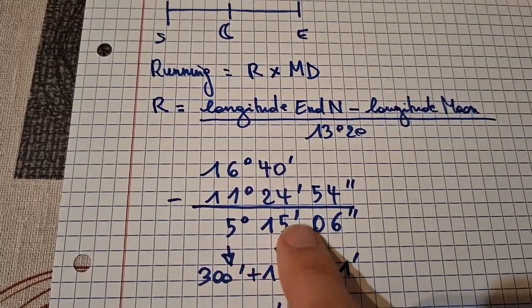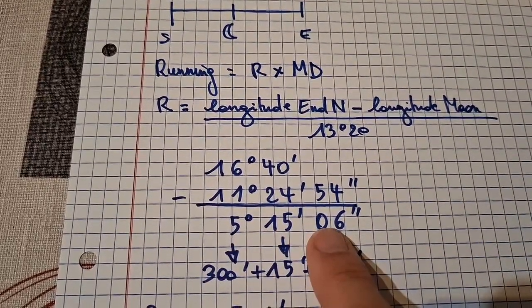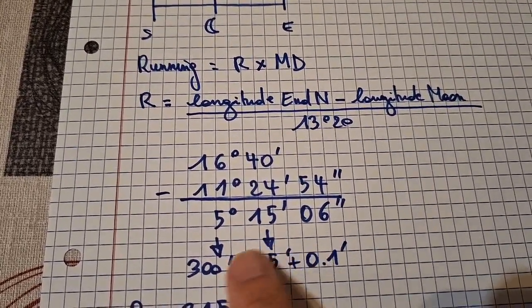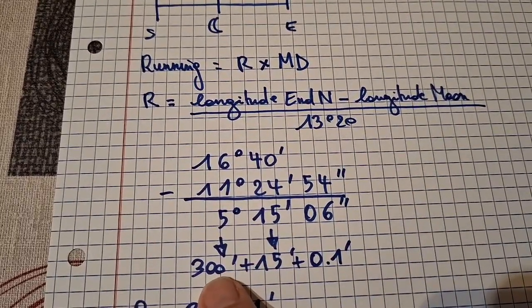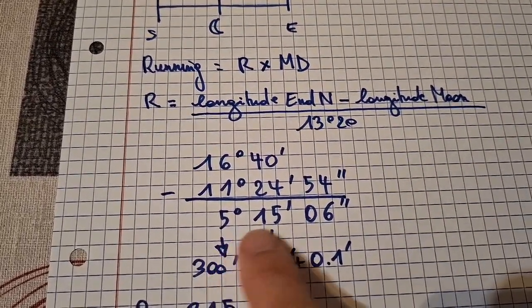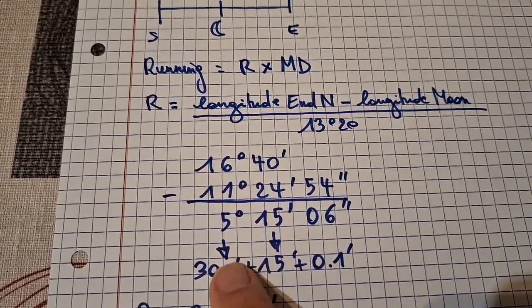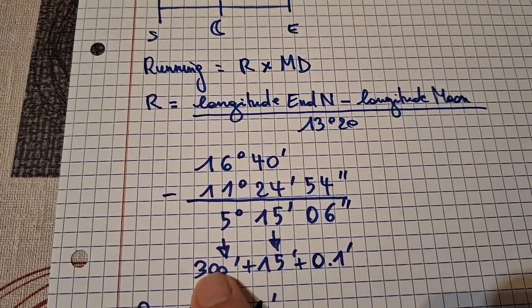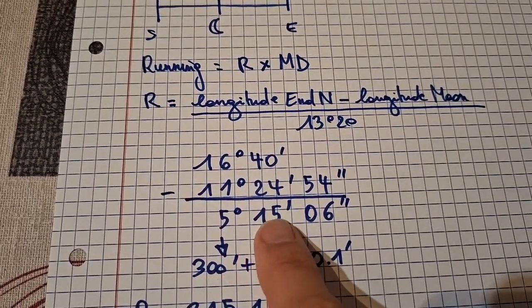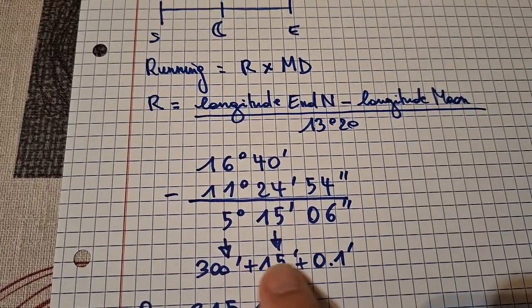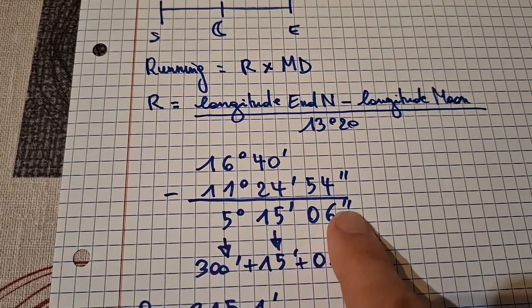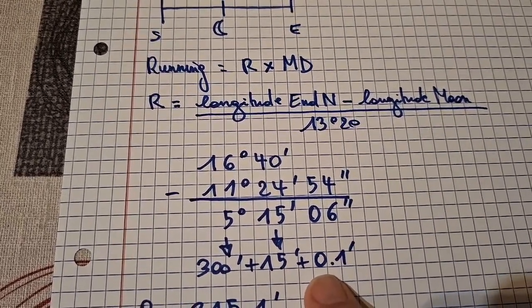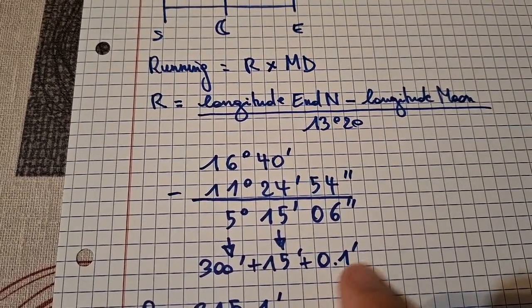And then we convert all this into the same unit. Here we take minutes. So 5 times 60 is 300 minutes. 15 minutes remains 15 minutes, and 6 seconds is 0.1 minute.